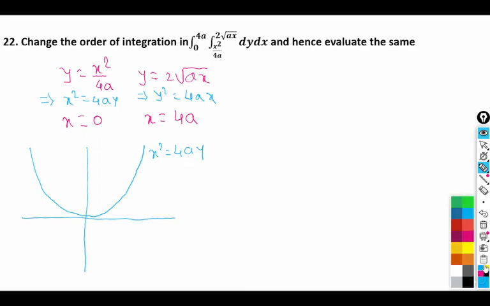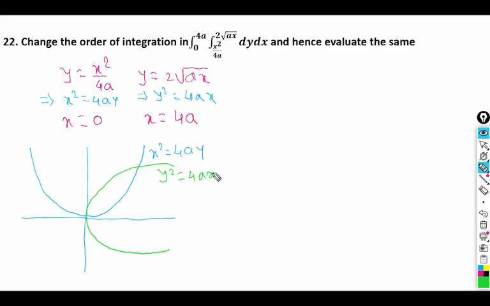So I'll draw with another. I'll take y square equal to 4ax like this. So x square equal to 4ay is upper, y square equal to 4ax is the lower. If you solve these two equations simultaneously, the first intersection will be 0 comma 0.